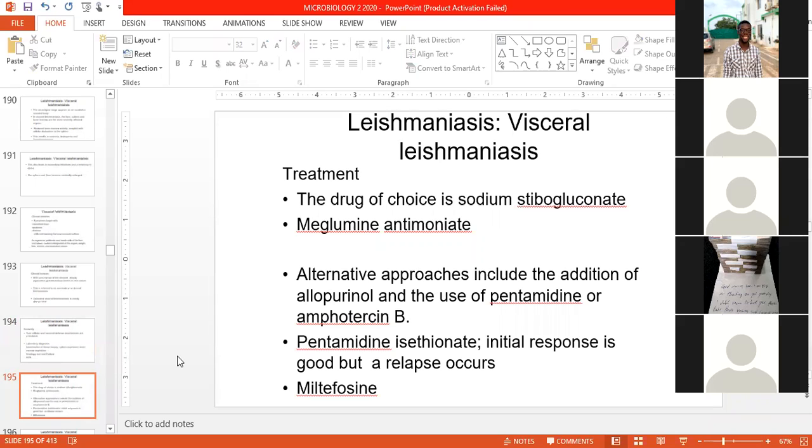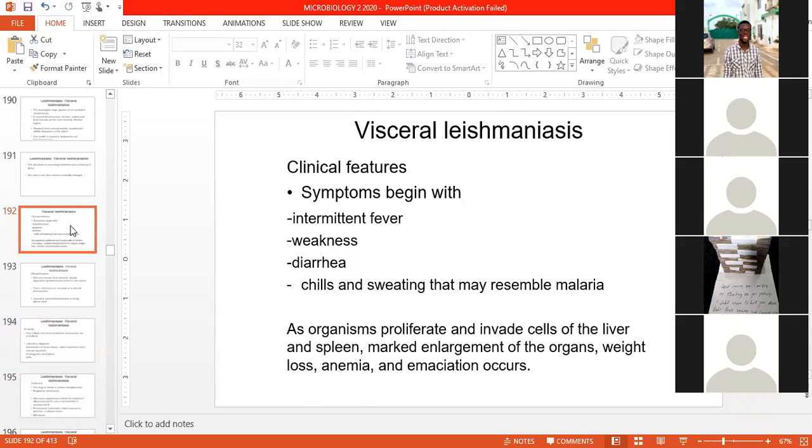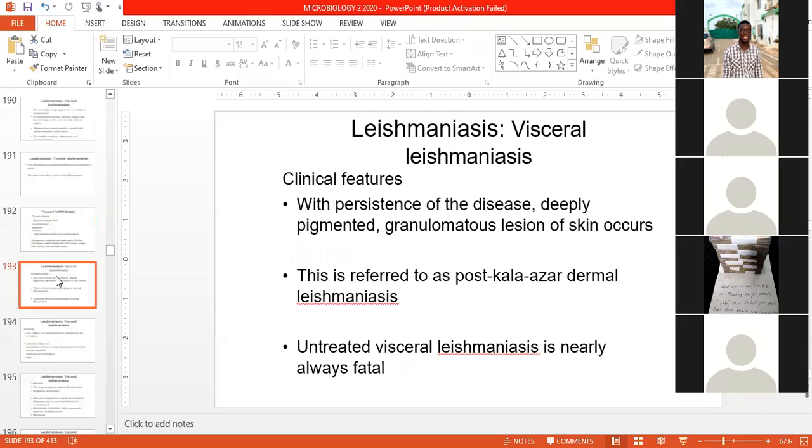Madam. Yes. You see slide 192. You said it can cause anemia with the other one. It's also red blood cell production. Your line is breaking. Okay, I was saying that you said it can cause anemia and a reduction in the production of red blood cells, right?